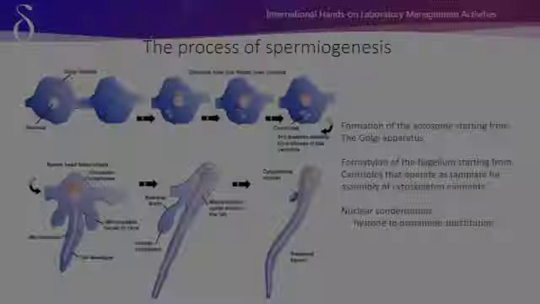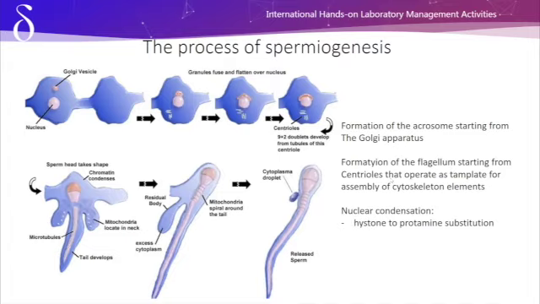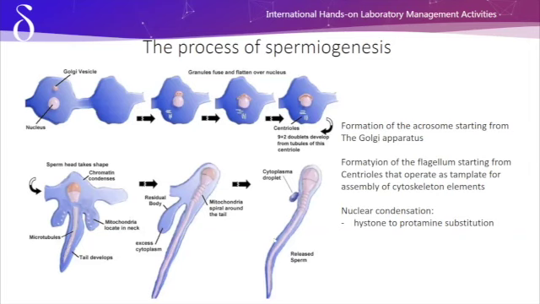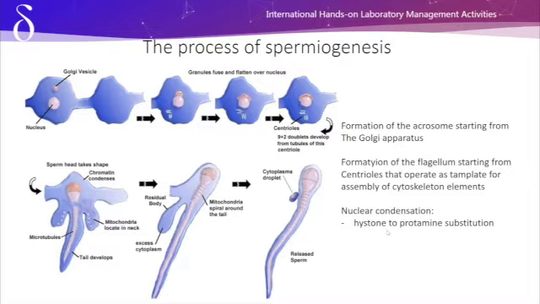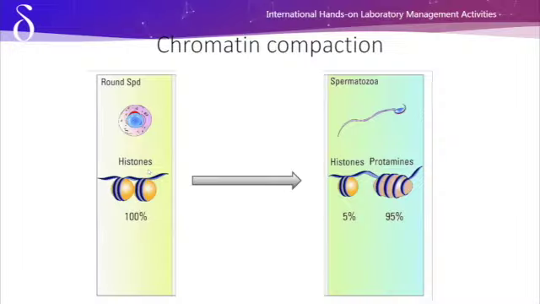The other important structure that forms during spermiogenesis is the tail. The tail forms starting from centrioles that act as a template for the assembly of cytoskeleton elements that form the tail. During spermiogenesis also occurs the first part of the nuclear condensation or chromatin condensation that consists in histone to protamine transition.